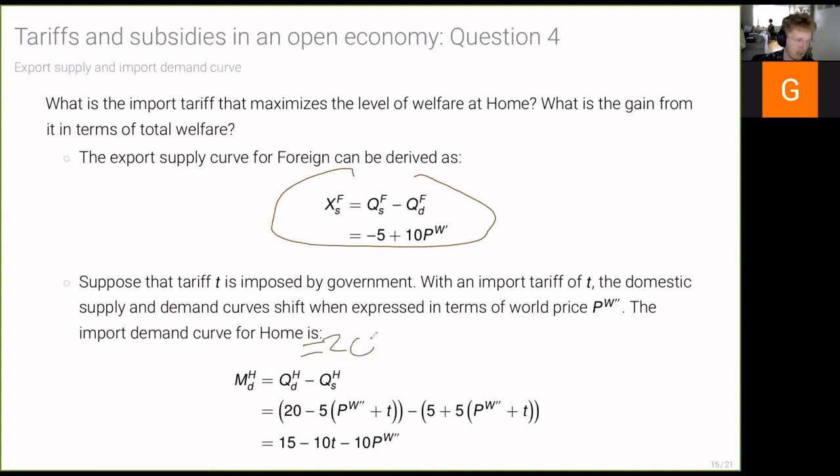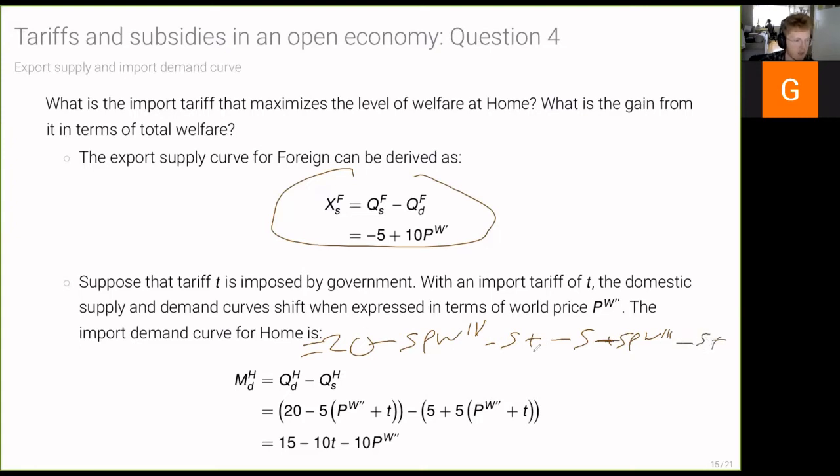So what is this going to give us? It's going to give us 20 minus P_W triple tilde. It doesn't really matter. Minus 5T. Minus 5 plus 5 P_W triple tilde. Sorry, this is a minus, and this is minus 5T as well.